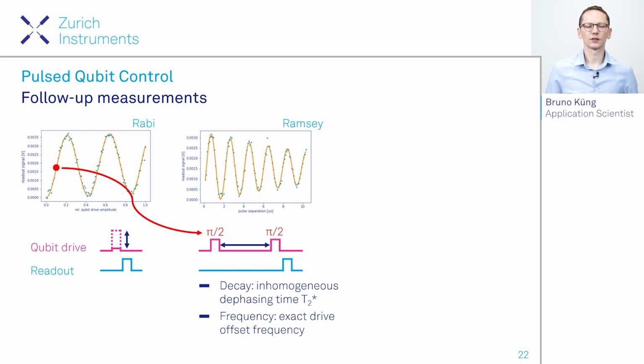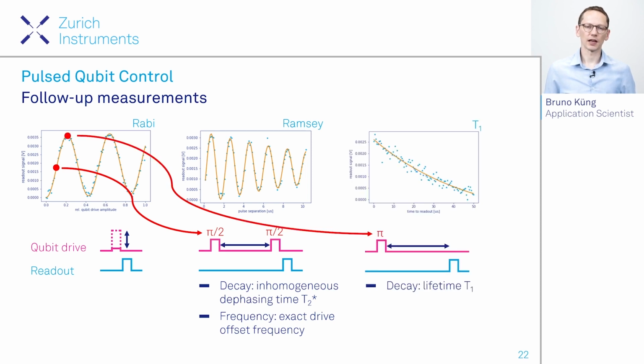The frequency of these oscillations tells you the difference frequency between your drive and the actual qubit frequency. So this is a means of measuring the qubit frequency really precisely. And the decay of the oscillation gives you the inhomogeneous dephasing time.